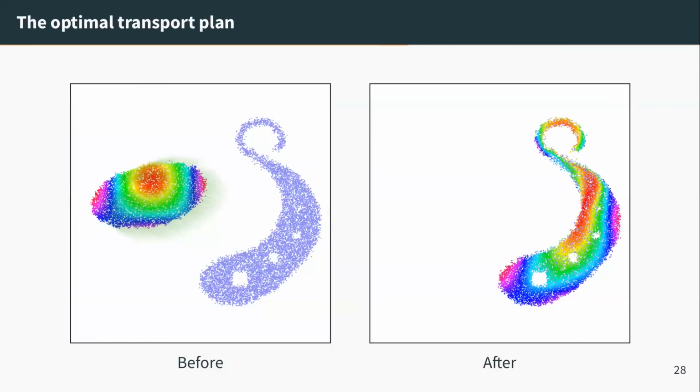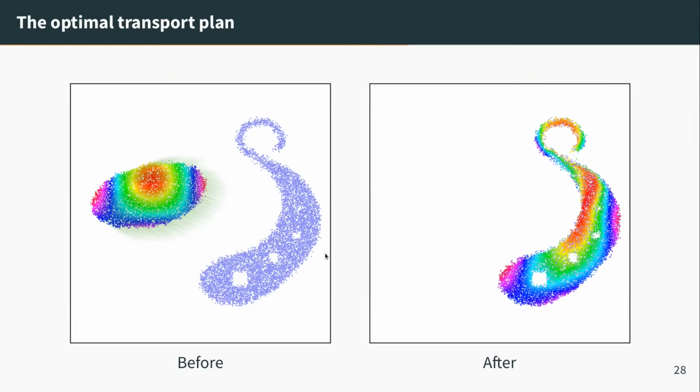But maybe just to be clear on what optimal transport looks like, here I show you a few examples of optimal transport between a source point cloud that I color using rainbow colors and a target, which is in blue. Here, I am matching a potato with a saxophone.